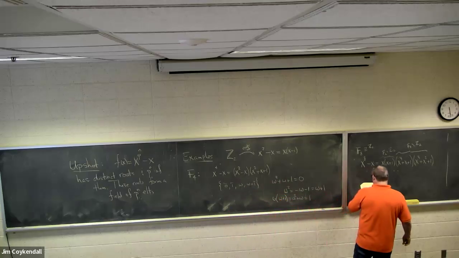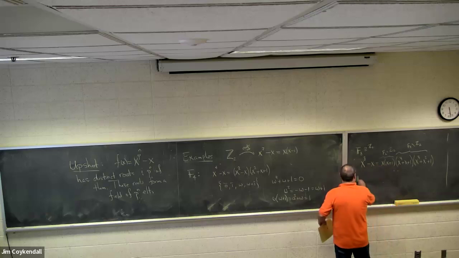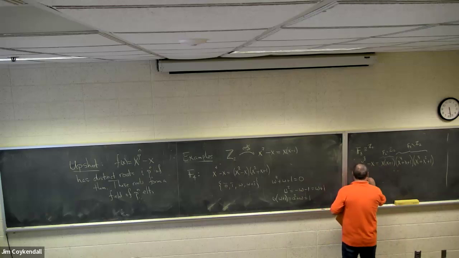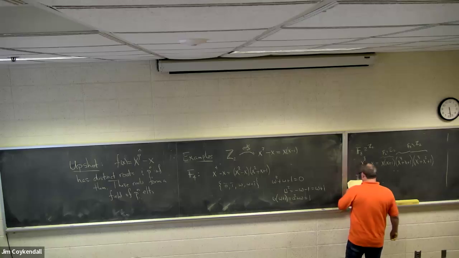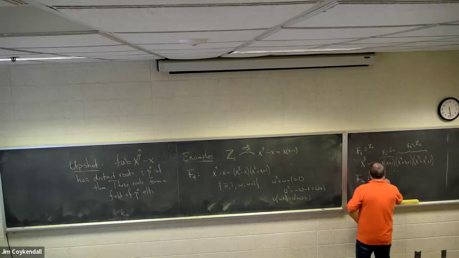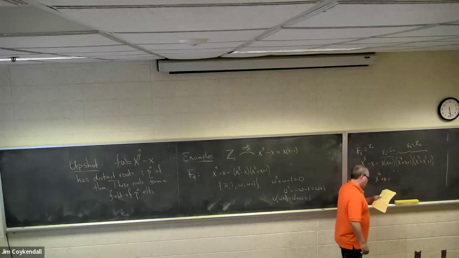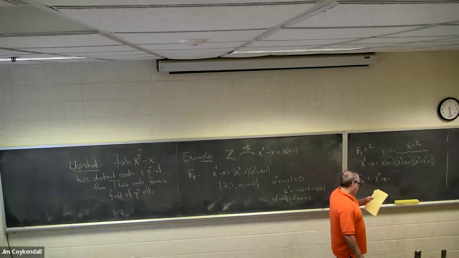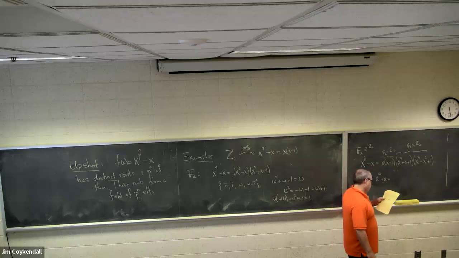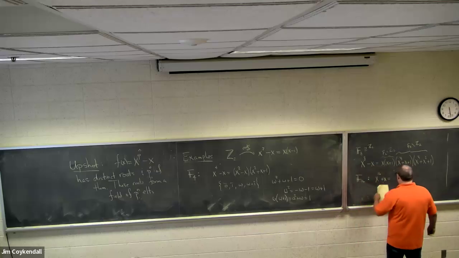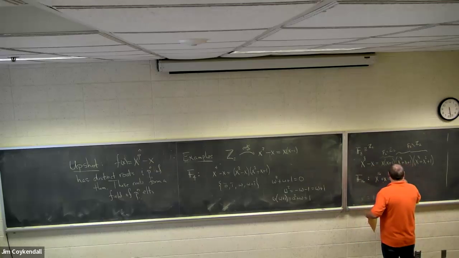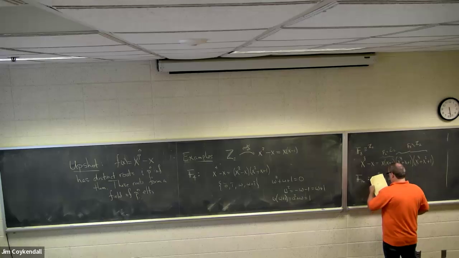I'm going to do two more. I'll talk a little bit about the last one. The polynomial for the field of 16 elements, this one has x plus 1.